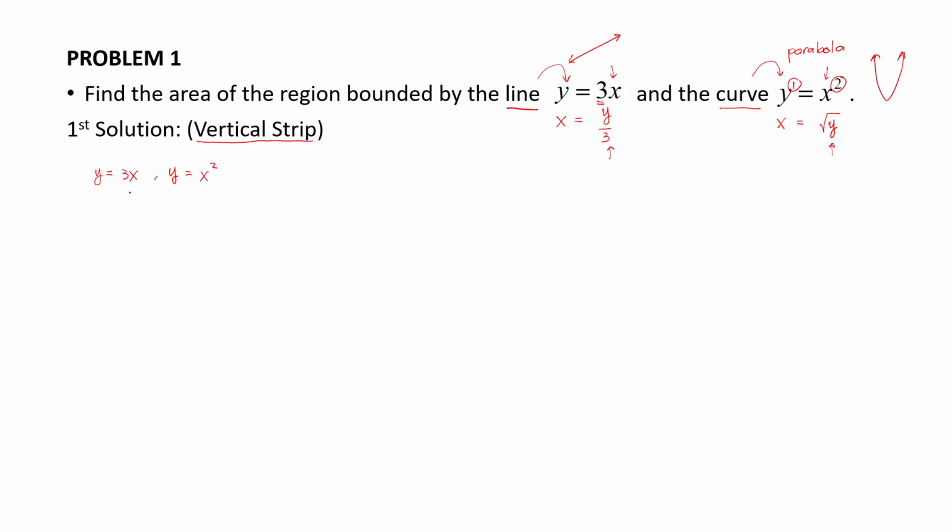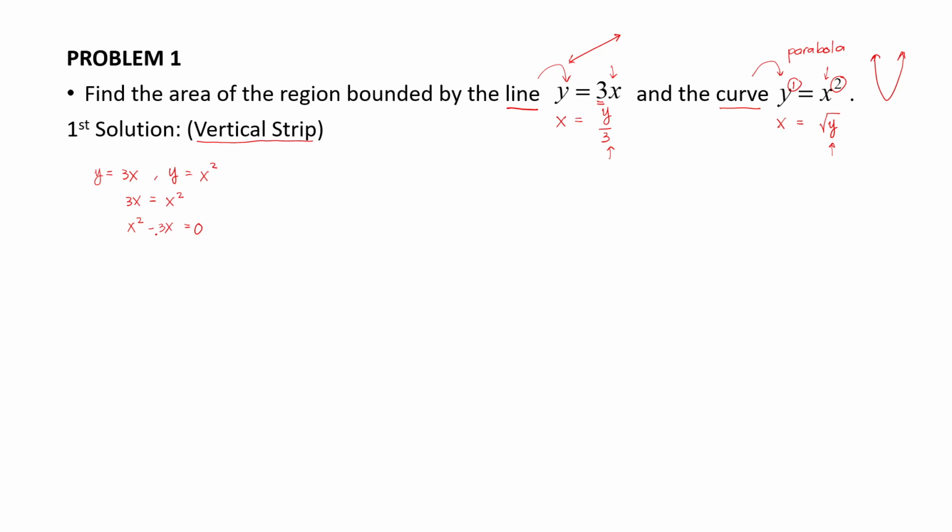Equating the two equations, y against y, this is now 3x equals x squared. Isolating everything on one side, so that it's positive, we get x squared minus 3x is equal to 0.